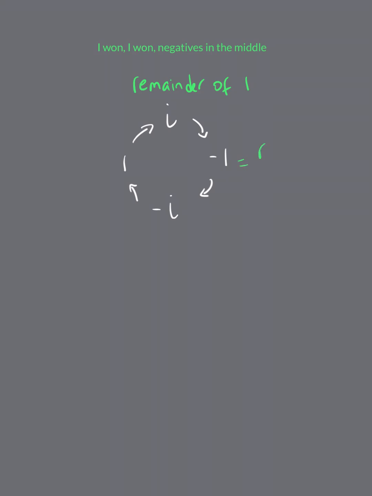And this is if you have a remainder of 2, because this is what i squared is equal to. This is what is equal to negative i if you get a remainder of 3 after you divide by 4. Then your answer will be negative i. And finally, your answer would be 1 if you get a remainder of 0.